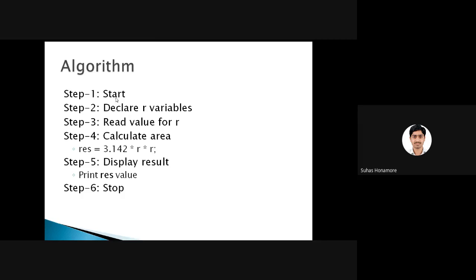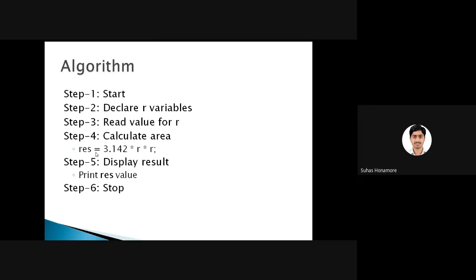Okay, so start. Again we declare r; that is the radius, we are taking it as a variable. Then read the value for r. Then calculate the area. While calculating, we say it is pi r square, so 3.142 into r into r.